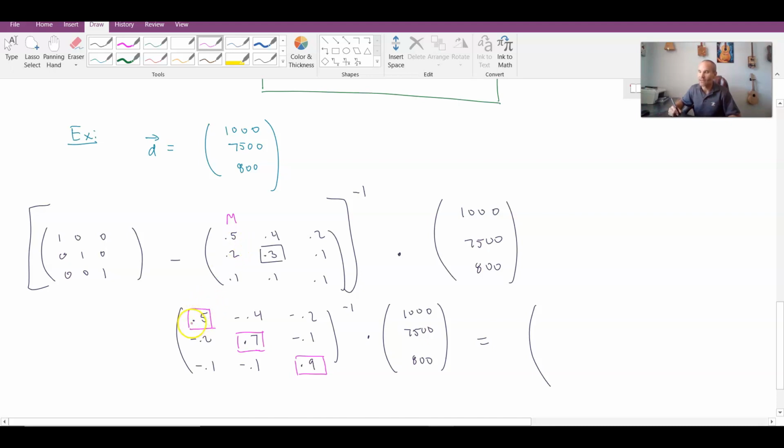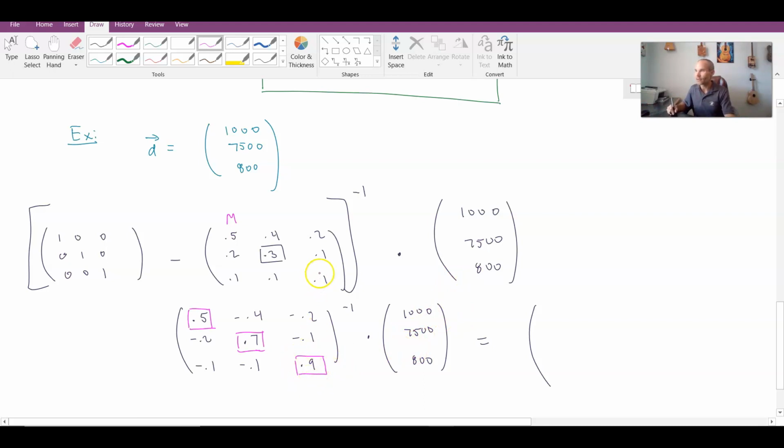So this 0.5 can sort of be thought of as what's left over to be able to satisfy the other intermediate demands and the final demand. Same thing here, the 0.3 is how much of its unit it's going to use up. And then of every unit it produces, it has 0.7 of that unit to be able to share with the other industries as well as the external demand.